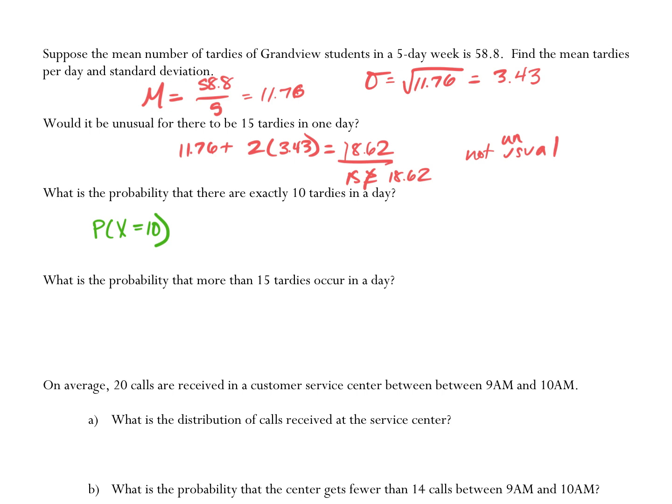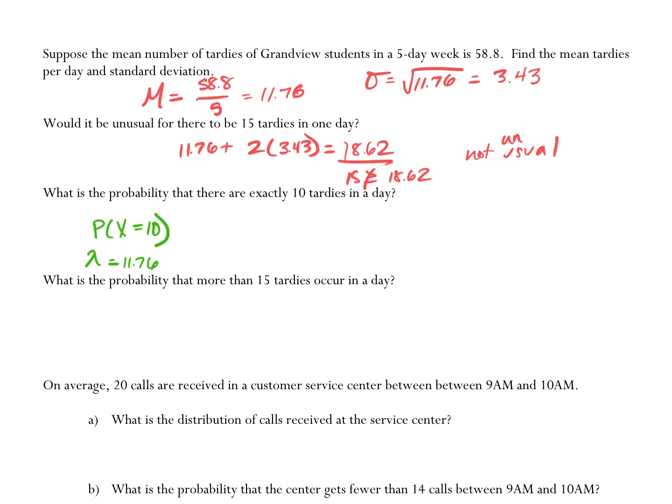So if I do Poisson PDF, it's got this fancy symbol here, which is the Greek lambda. You guys, it just wants to know what is the mean. What did we say our mean was? 11.76. And I know this because this was 10 tardies in a day. If this had said 10 tardies in a week, is everybody good?